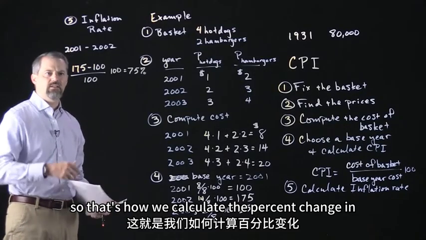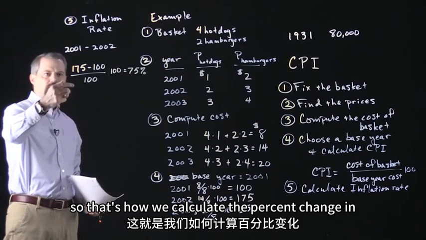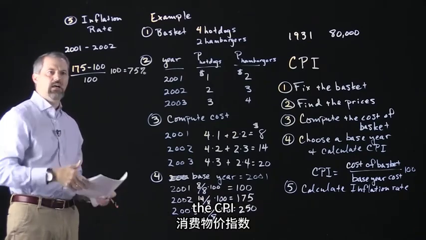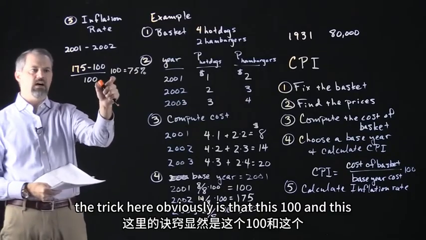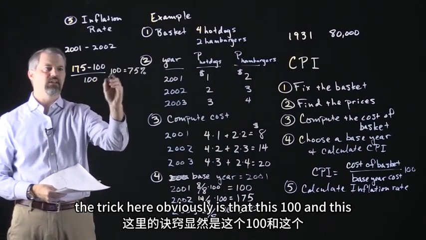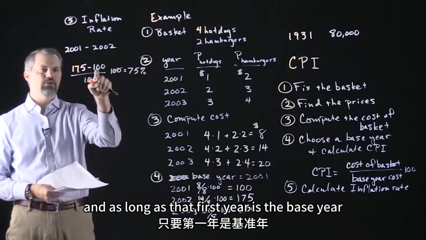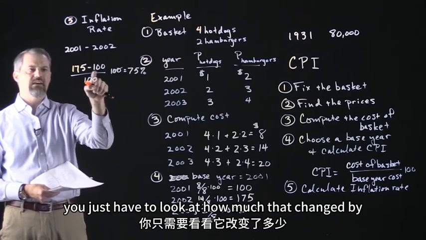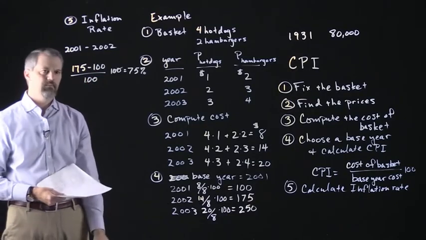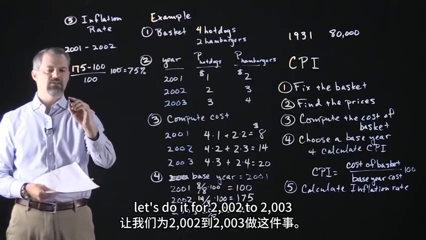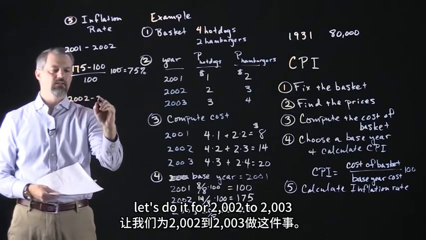So that's how we calculate the percent change in the CPI. The trick here, obviously, is that this 100 and this 100 cancel out, and as long as that first year is the base year, you just have to look at how much that changed by. Let's do it for 2002 to 2003.